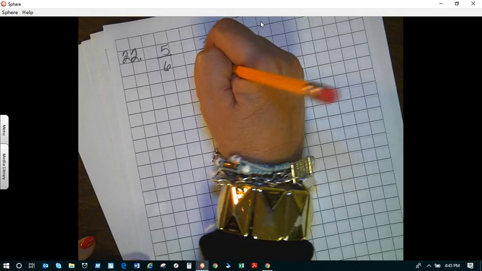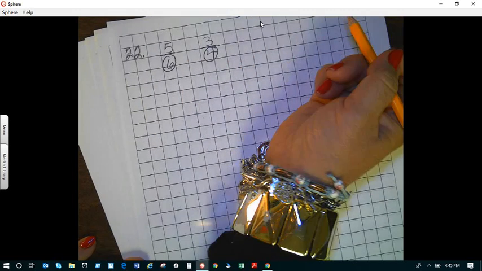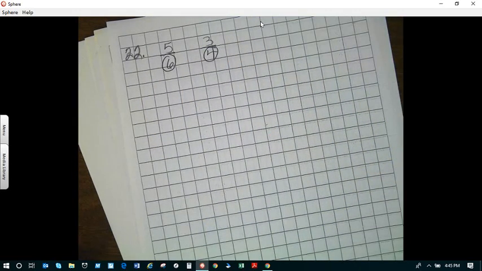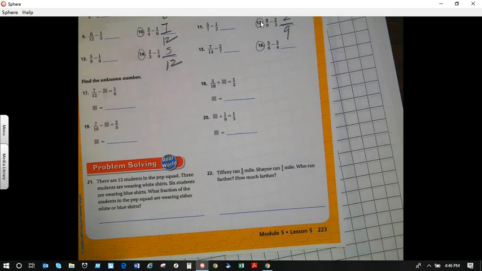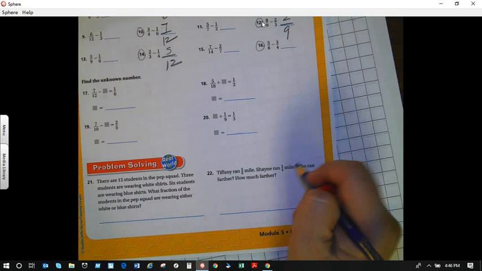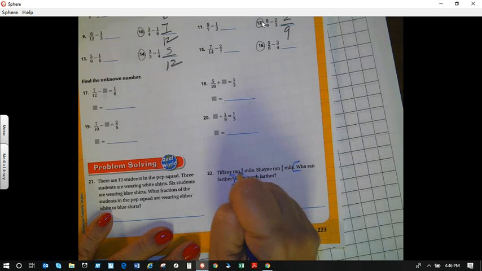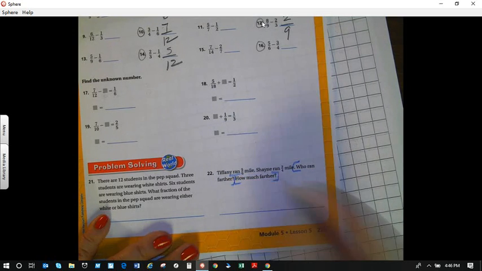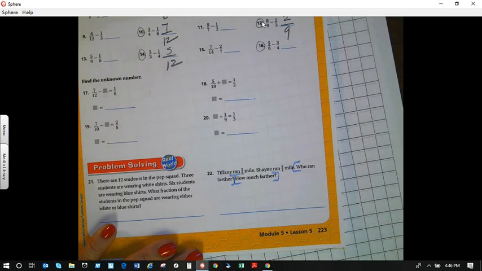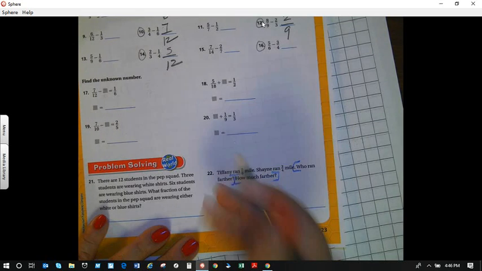We'll need to take the difference, but do we have the same denominator? No. And what I should have done is get my colored pencils. On my equation, we have two questions here. Who ran further or farther? And then how much? Need to circle my numbers.